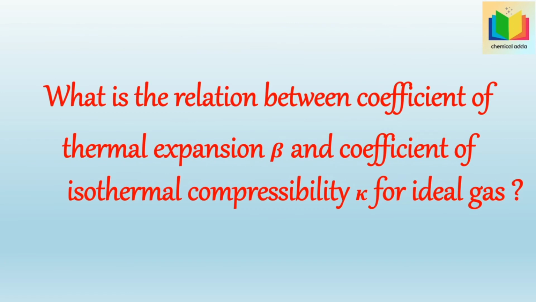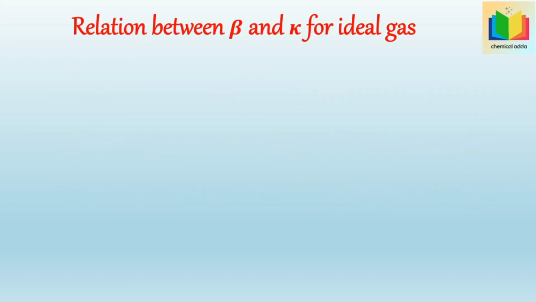Now, what is the relation between coefficient of thermal expansion and coefficient of isothermal compressibility for ideal gas? So, the ideal gas equation of state is PV is equal to RT.